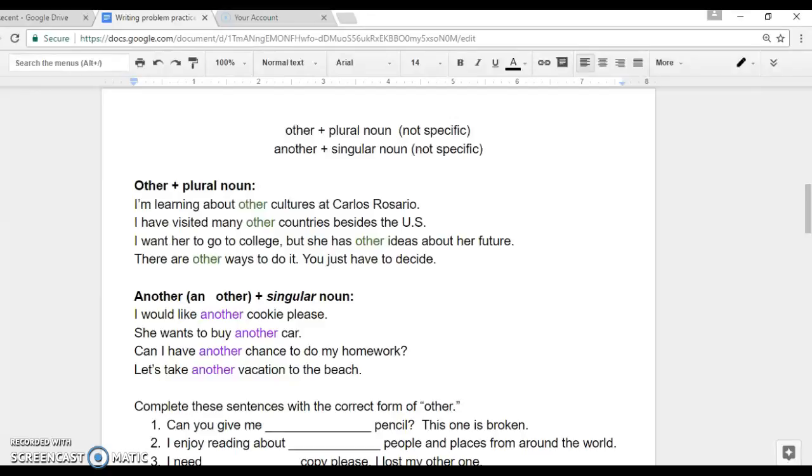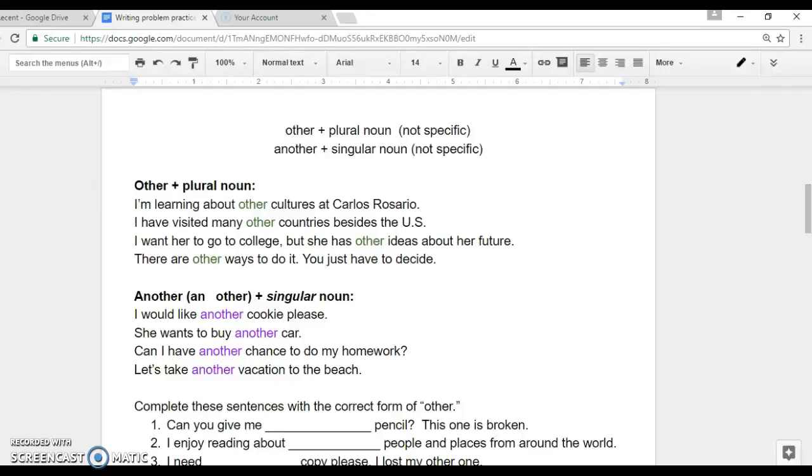I have visited many other countries besides the US. I want her to go to college, but she has other ideas about her future. Or there are other ways to do it. You just have to decide. Now, we use the same word, other, if it's singular. However, remember that we also use a or an to determine a singular noun that is not specific.